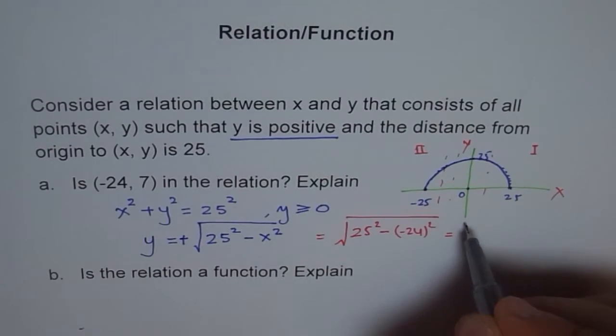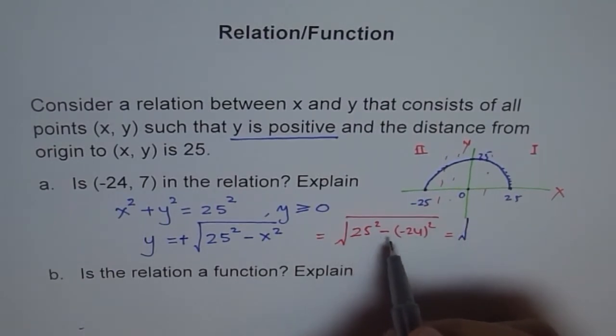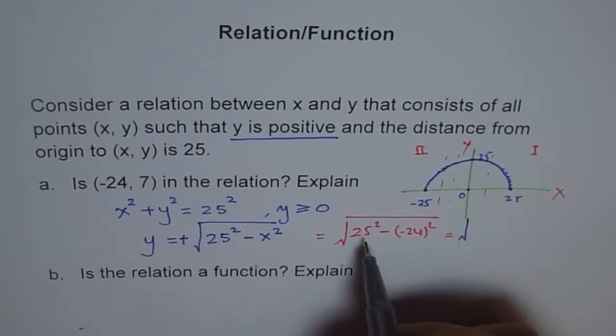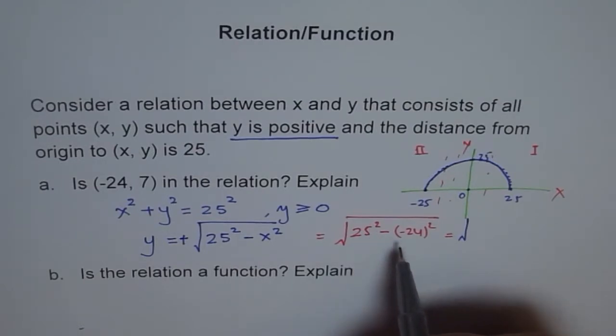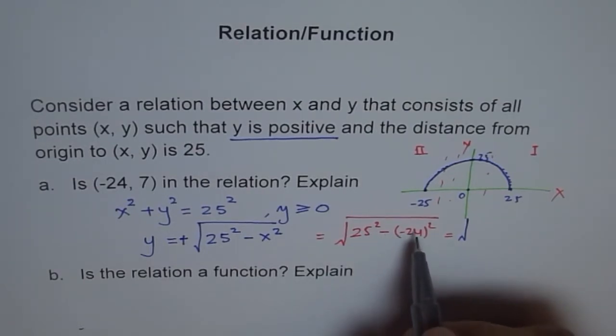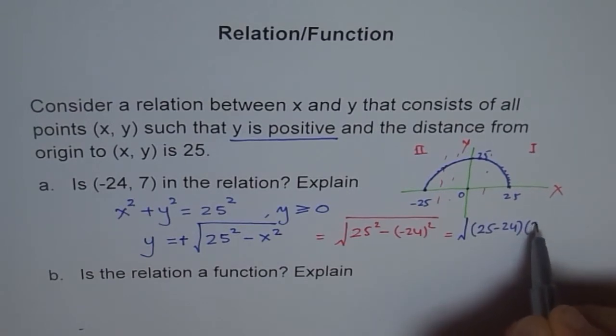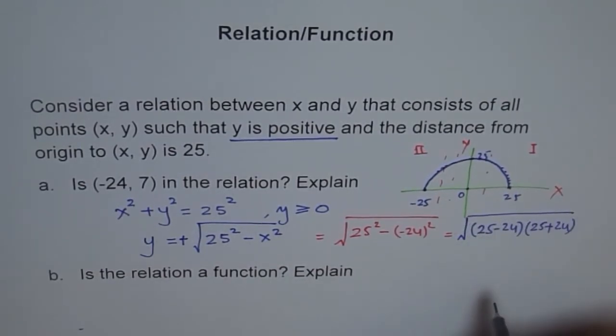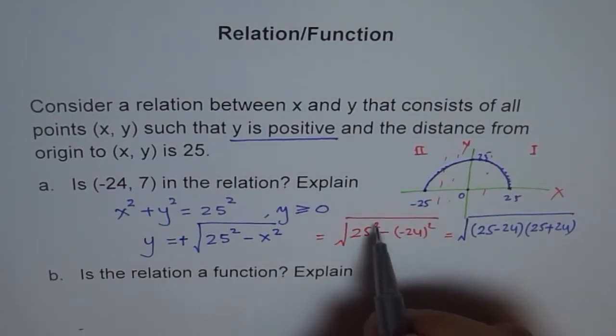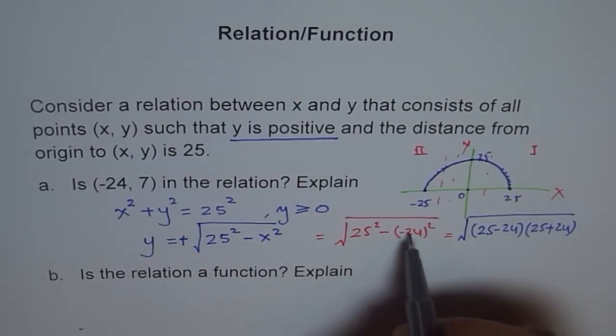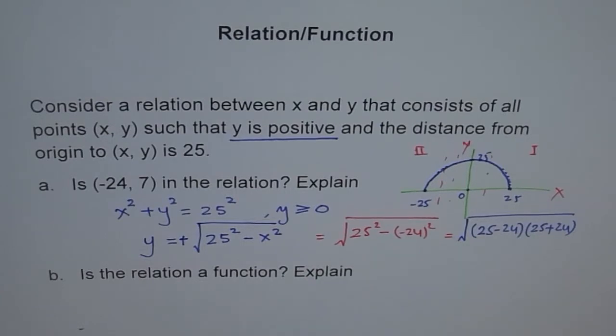What I will do here is show you how to use your learned properties of factoring. So it's like a squared minus b squared. We can write this as 25 minus 24 times 25 plus 24, correct? A squared minus b squared.